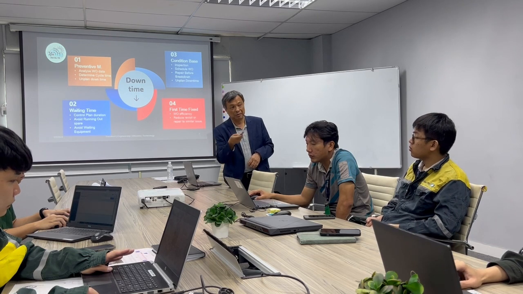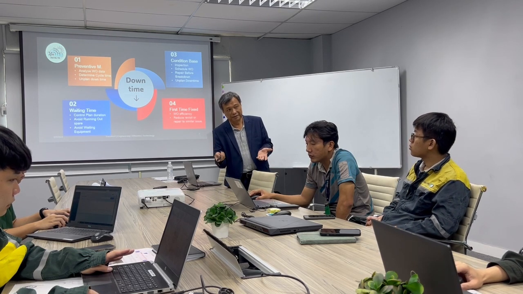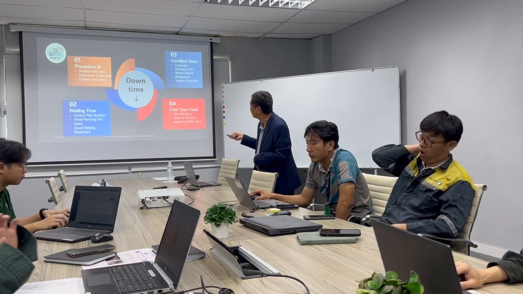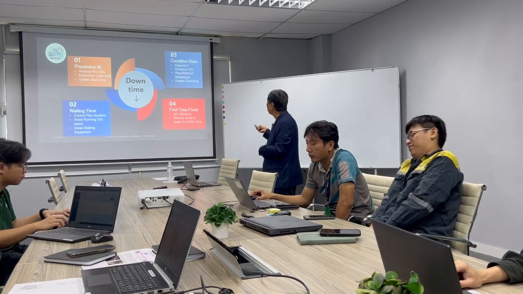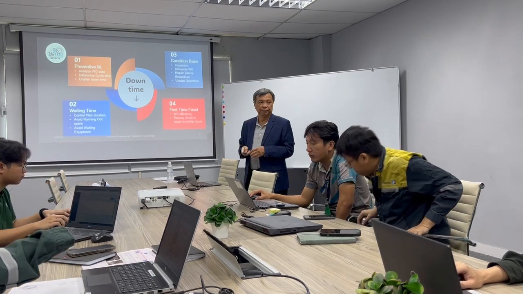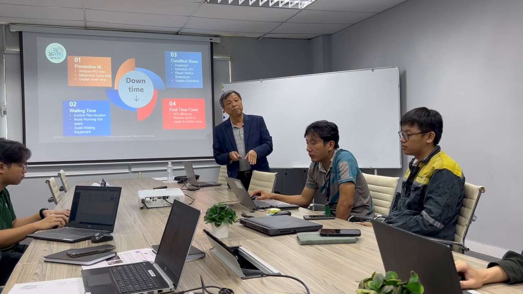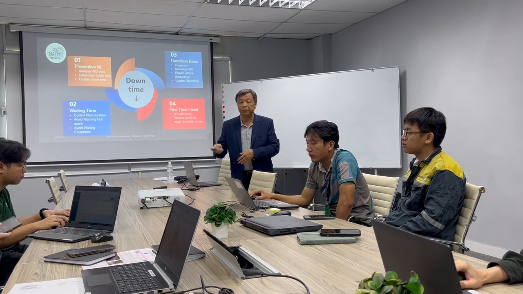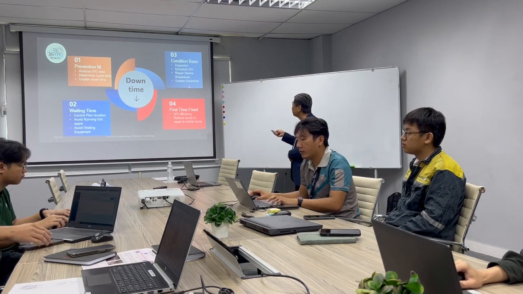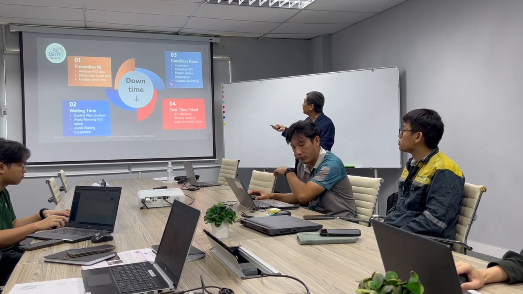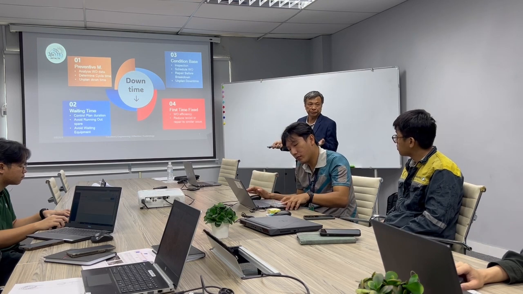I'm sure some of you are already doing it, but you need a system that helps you to schedule it. Alright? Unplanned downtime. So if you can inspect more, finding more problems before it fails, then you reduce your unplanned downtime. Repair before breakdown. Correct? So this is where the work order will help you.